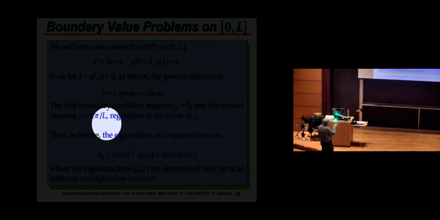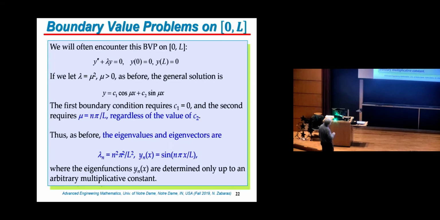The only difference is that from that boundary condition, sine of mu L has to be equal to 0, so mu L has to be n pi. That leads to lambda equal mu squared, which gives you this, and then you have sine of mu x, so sine of n pi x over L.